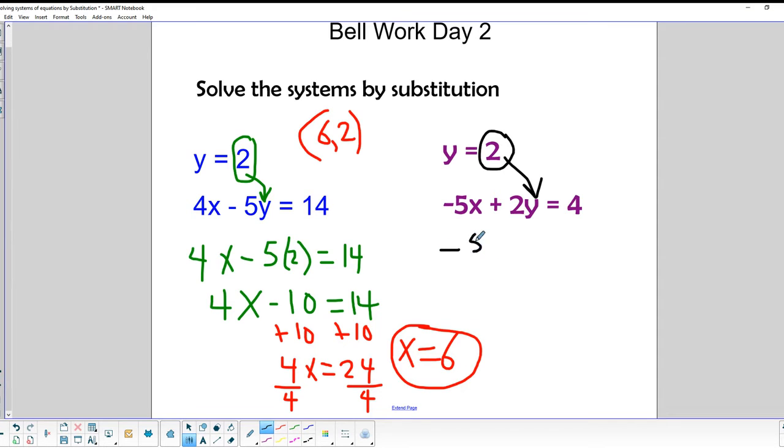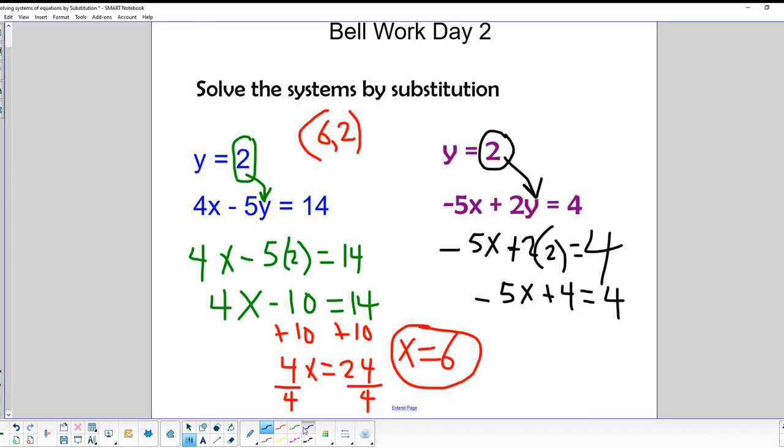And then we write out our new equation, negative 5x plus 2 times 2 equals 4. And as we simplify it, we end up with negative 5x plus 4 equals 4.